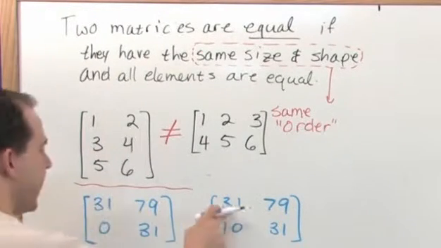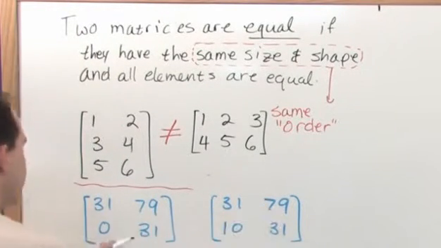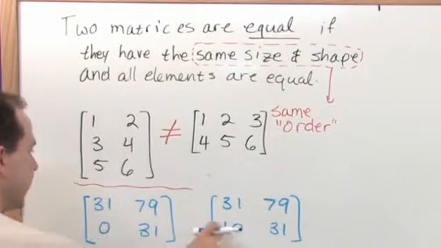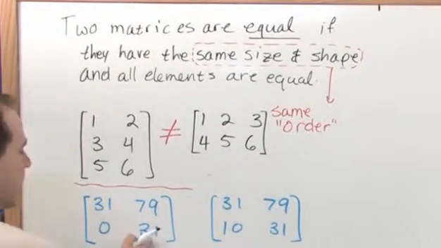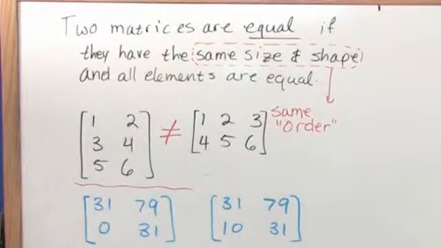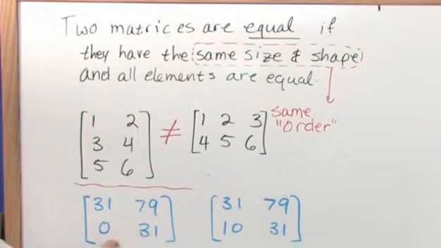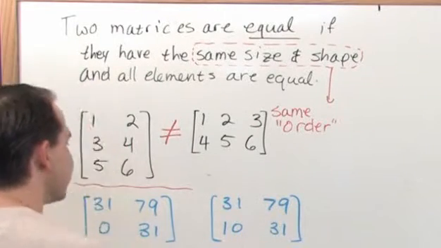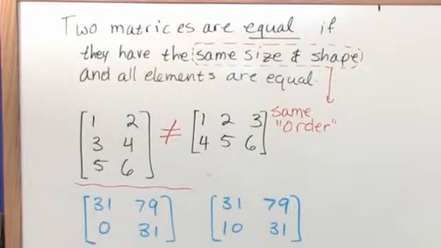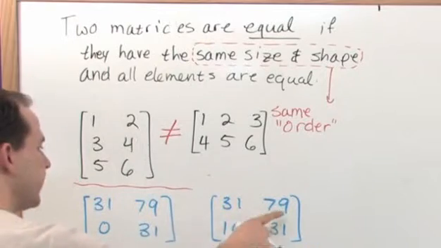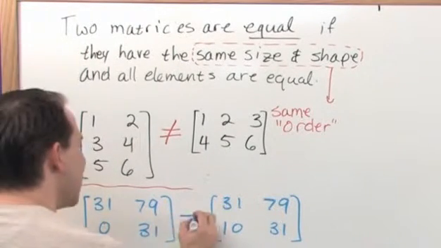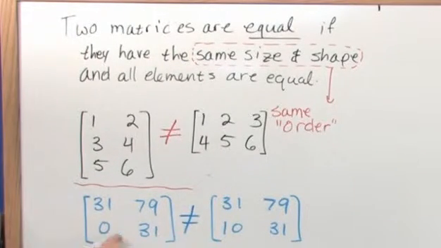Well, 31 matches, 79 matches, 0 does not match the corresponding element, and 31 does match. Notice in this case both of these are 2 by 2 matrices, 2 rows, 2 columns. So they both have the same order, and they both have the majority of the elements the same, but they are not equal. The reason they're not equal is precisely because the 0 does not equal the 10.